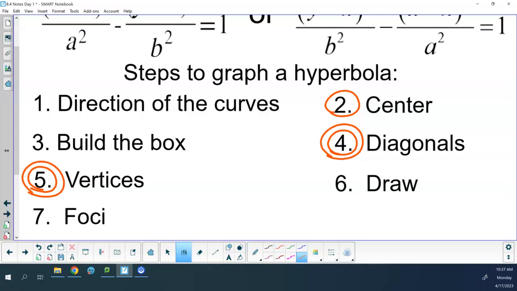And lastly, what are the two foci? So there are 7 key parts that I'm going to ask you, and if you'll notice on this week's homework sheet, I ask you for all 7 parts on each one. Center, actually, I even ask you direction of opening too. Center, direction of opening, asymptotes, 2 vertices, 2 foci.